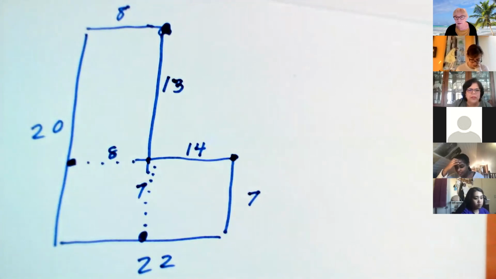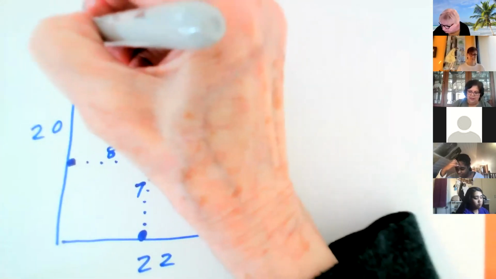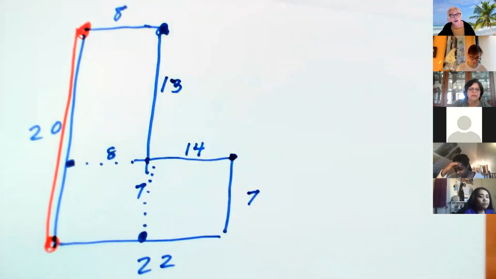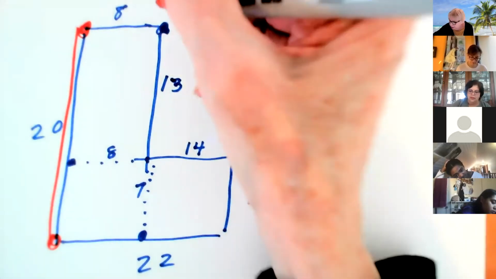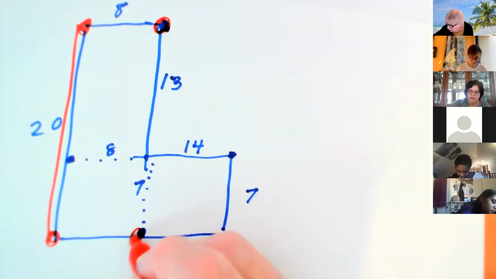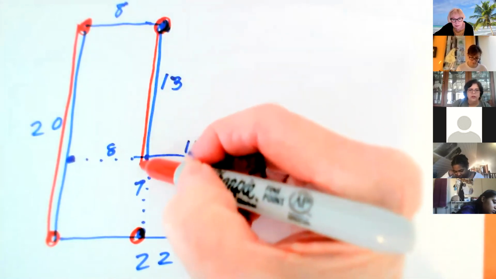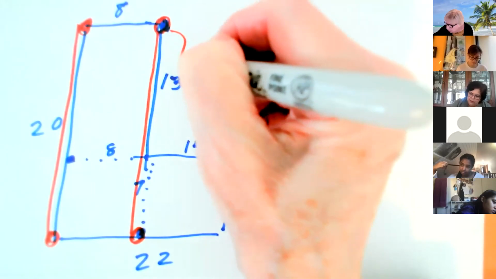Can you go over it one more time? Okay, so I'm going to use color. If this is 20, because they said so, then this down to here will also be 20. But we don't want all of it.